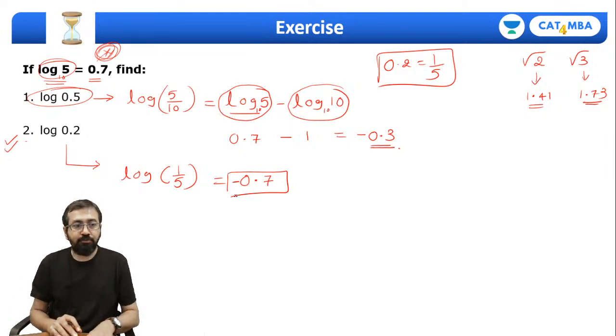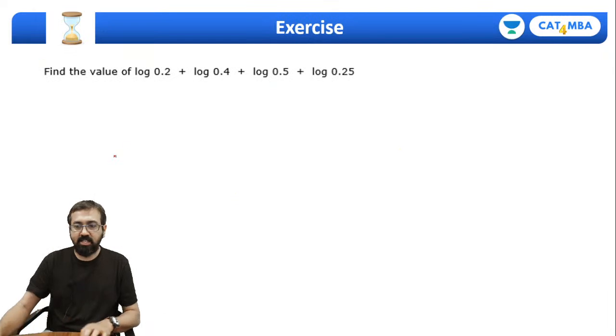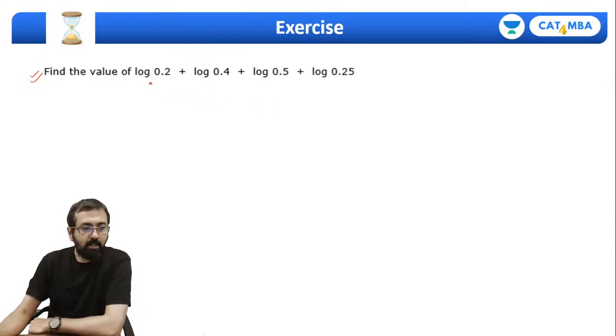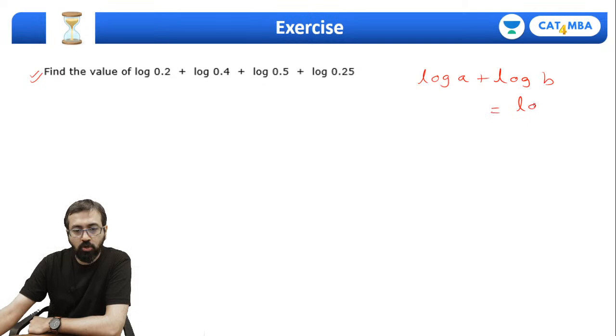Okay. So now let's look at the next part. Let's look at some slightly complicated questions. So here you need to find out the value of this one. Log of 0.2 plus log of 0.4 plus log of 0.5 and so on. Now please remember, log of A plus log of B is equal to log of A into B, or vice versa, vice versa is also true.